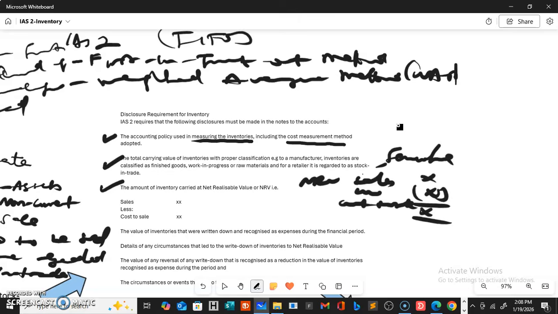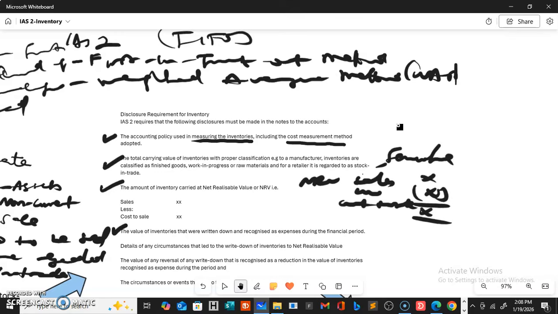And also the standard says that the value of inventories that were written down is recognized as an expense during the financial period. Now, we know that before you acquire an inventory, you must incur some expenses.